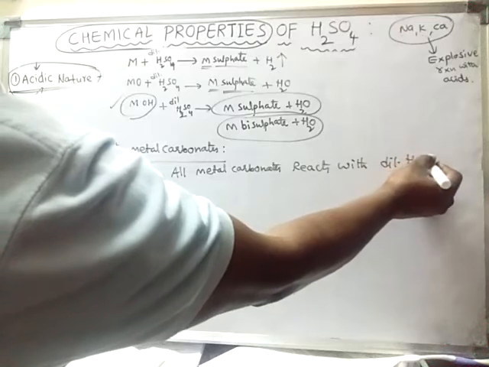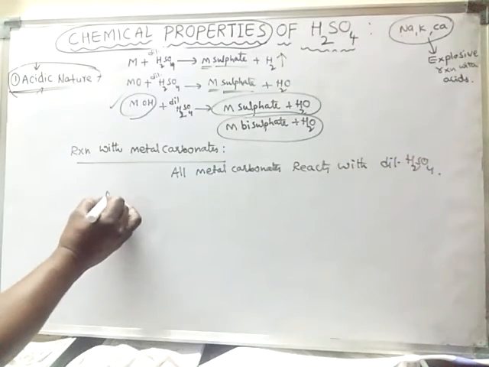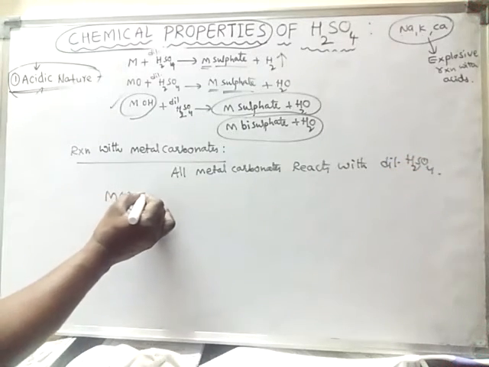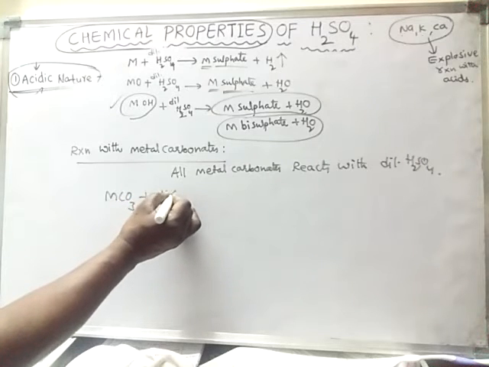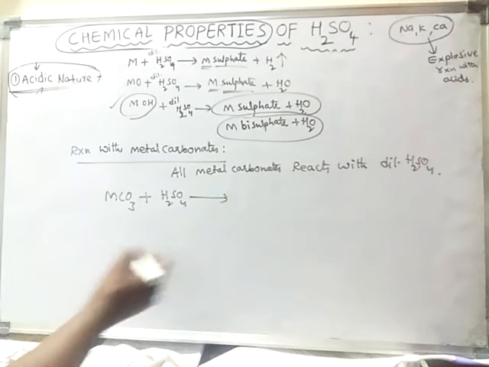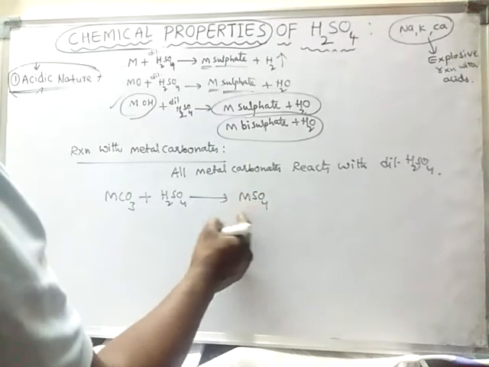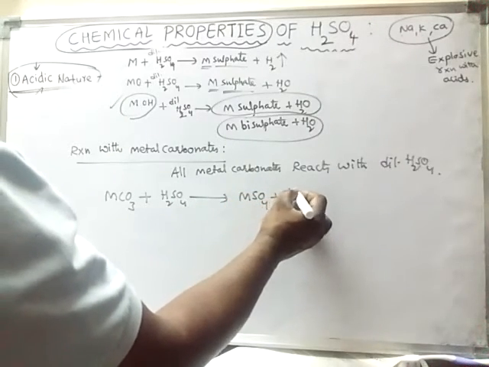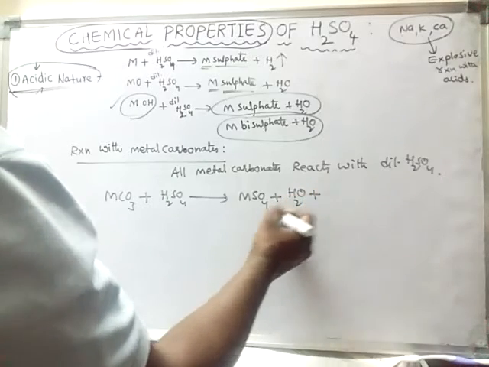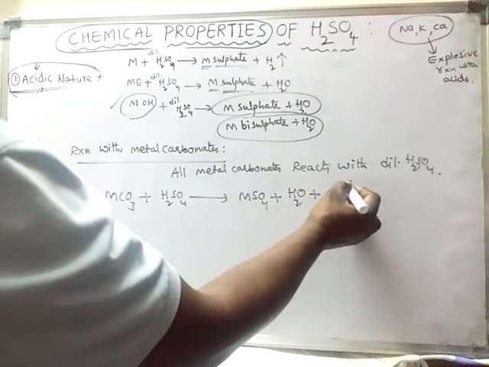Dilute sulfuric acid. So when a metal carbonate reacts with dilute sulfuric acid, what happens? It forms metal sulfate, a normal salt, and water, and liberates carbon dioxide gas.